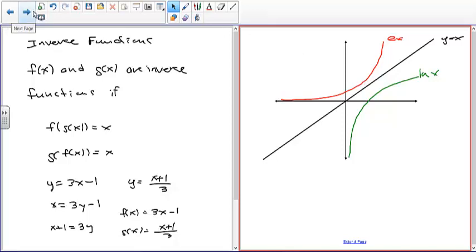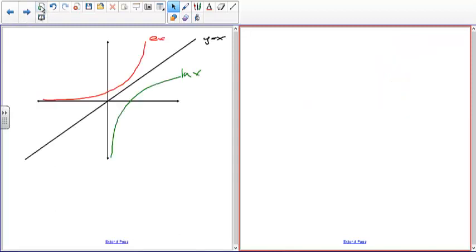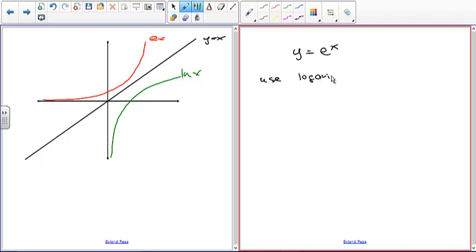So the question would be, what are the formulas for the integral of e to the x and the derivative of e to the x? So let's say y equals e to the x. I want to take the derivative of that, so I'm going to use logarithmic differentiation.